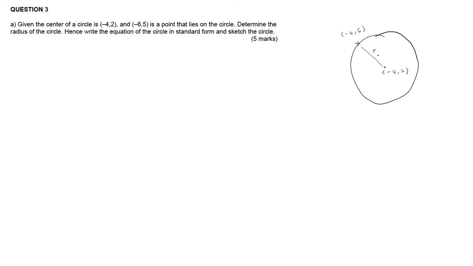And since we have the coordinates of these two points, we can use the distance formula to find the radius. x minus x, so let's say I choose this minus this, so negative 6 minus negative 4, squared, formula for distance, and then plus y minus y, so 5 minus 2 squared, everything square root. Use the distance formula because the radius is the distance from the center to the given point.